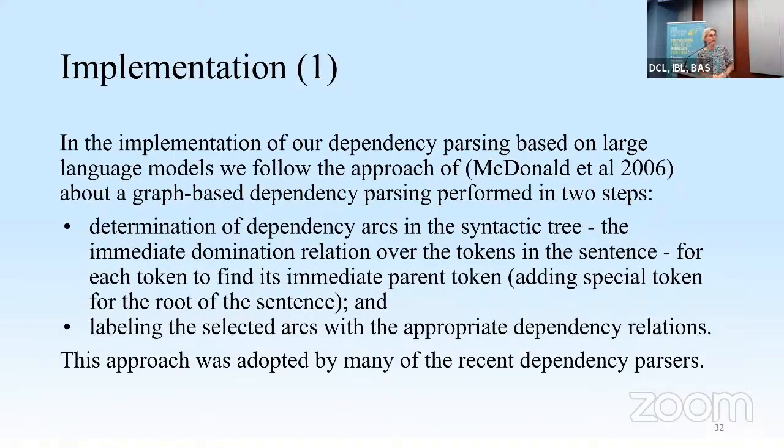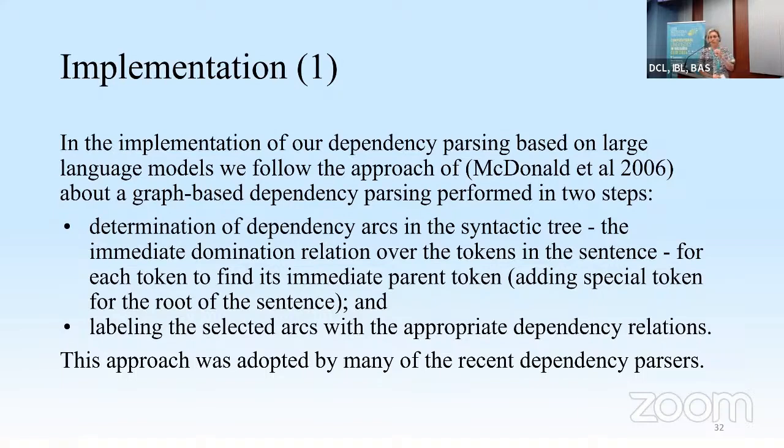Okay, implementation. The dependency parsing that we use is based on large language models. We follow the approach of McDonald, which is from 2006, about the graph-based dependency parsing. And what does it mean? Determination of dependency arcs in the syntactic tree, the immediate domination relation over the tokens.